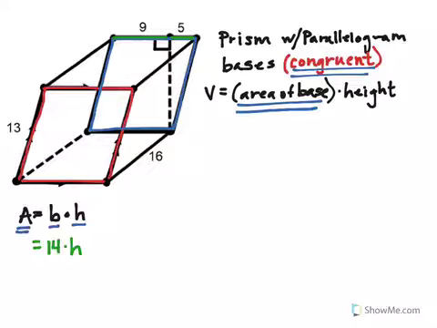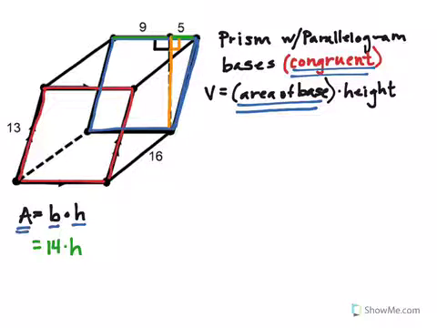And the height is going to be this perpendicular line here with the base. And the nice thing about that is this creates a right triangle where one of the legs here is 5, and we actually also know this length, which would be the hypotenuse.